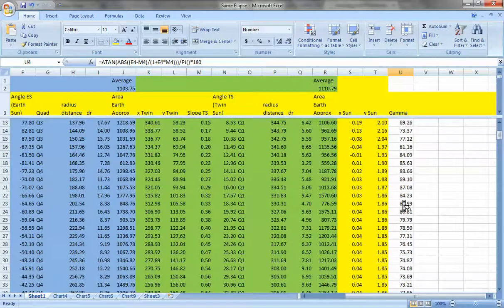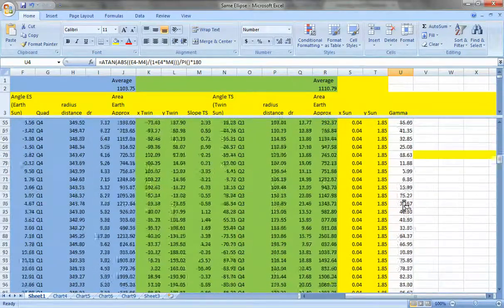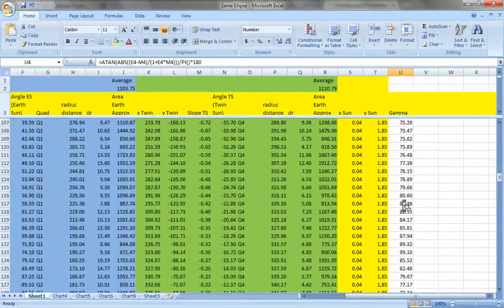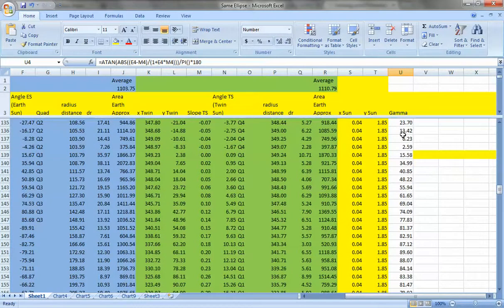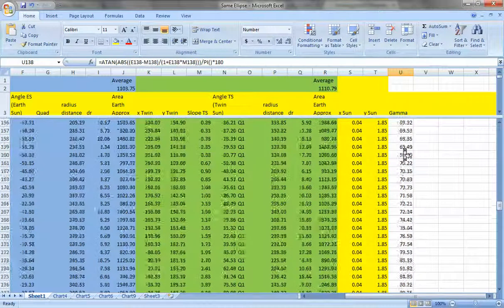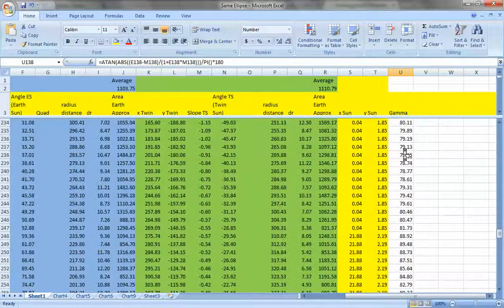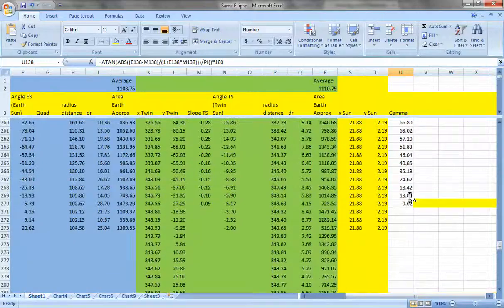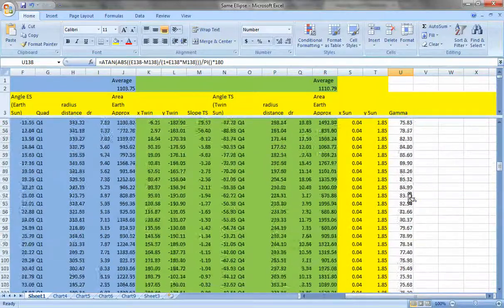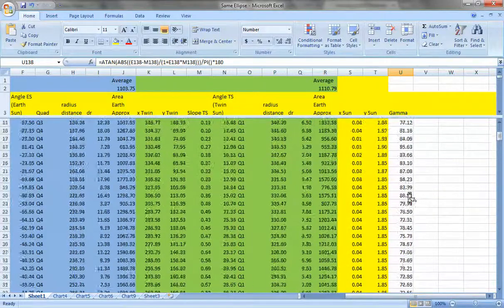But these numbers almost never go to 0. Maybe here, but they're pretty radically not 0. So anyway, that's my analysis of that one.